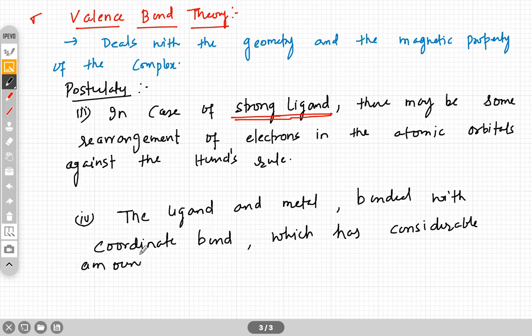Considerable amount of polarity, right? Means the bond is polar.